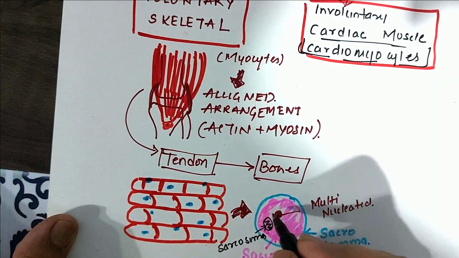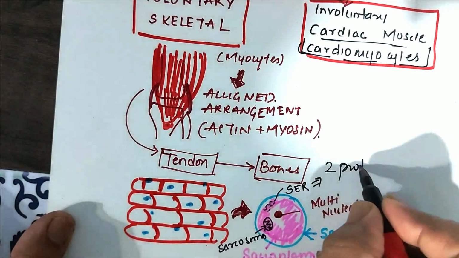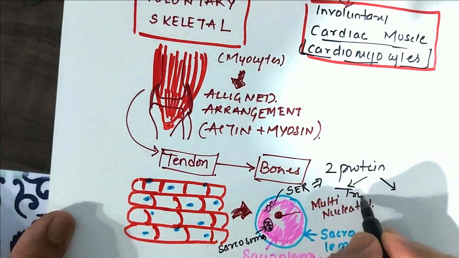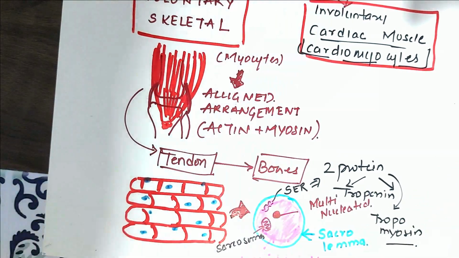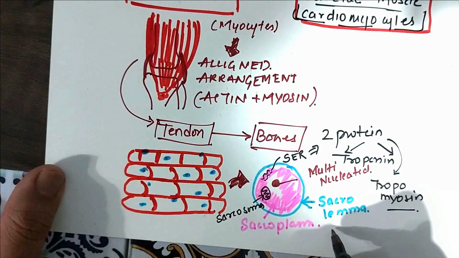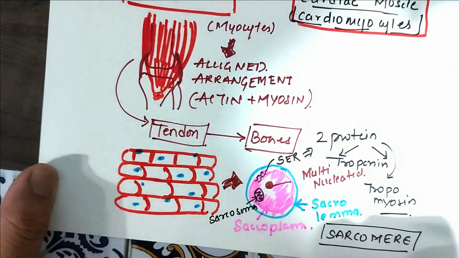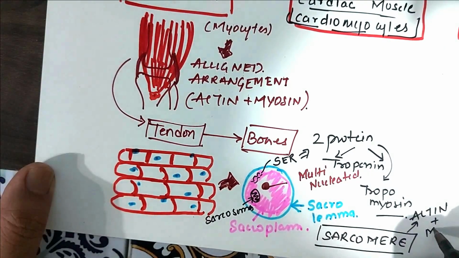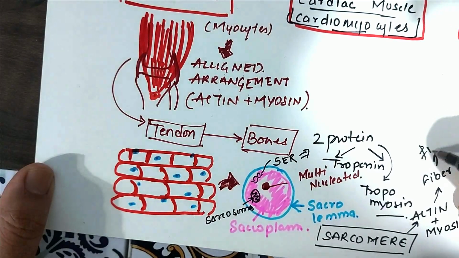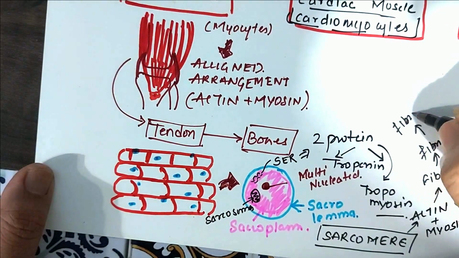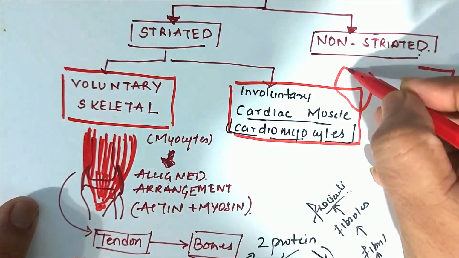The powerhouses are called sarcosomes, and there is the sarcoplasmic reticulum, which makes two proteins, troponin and tropomyosin. These two proteins are responsible for actin and myosin to contract. This actin and myosin combine to form individual muscle fibers, which bundle into fibrils, fibrioles, and fasciculi.